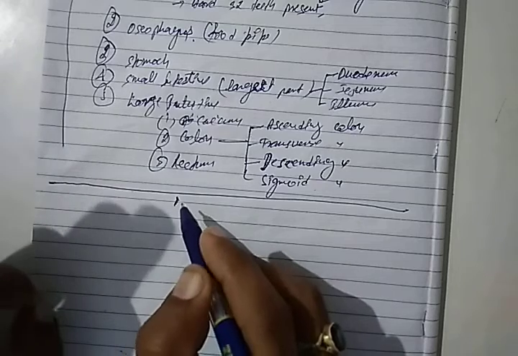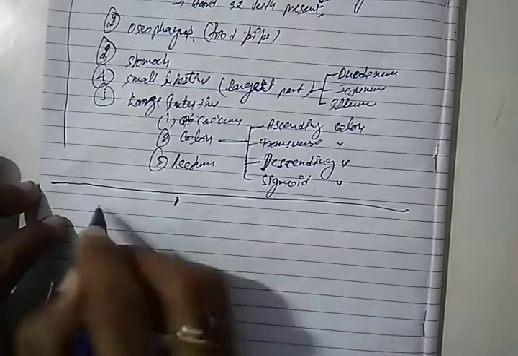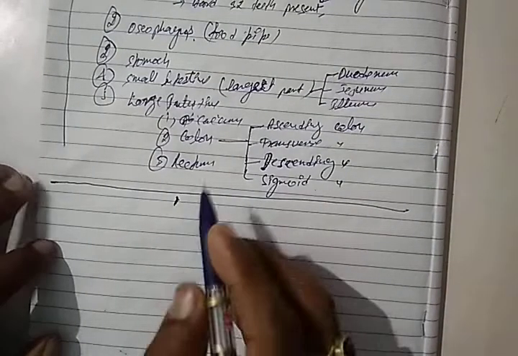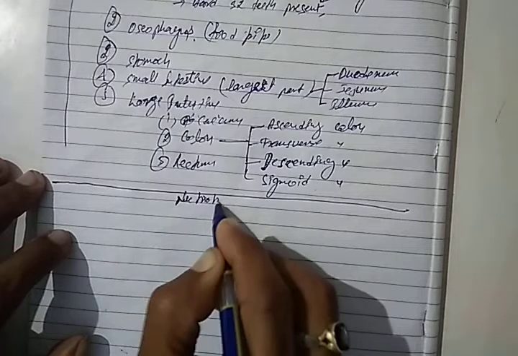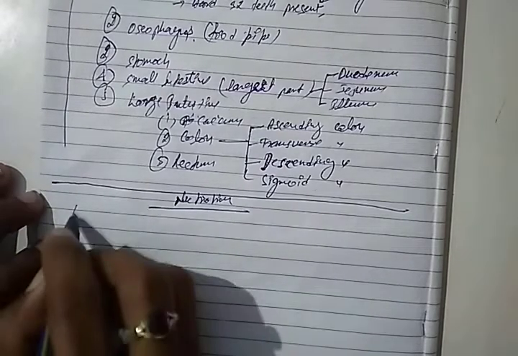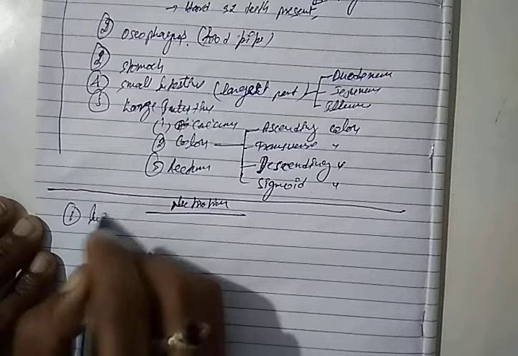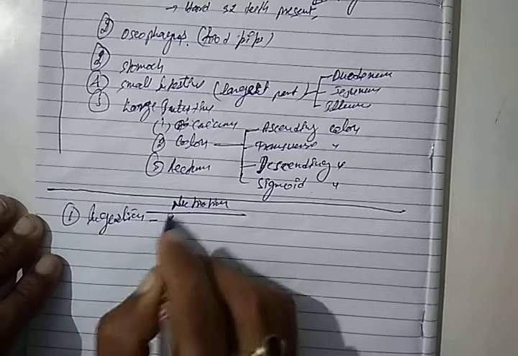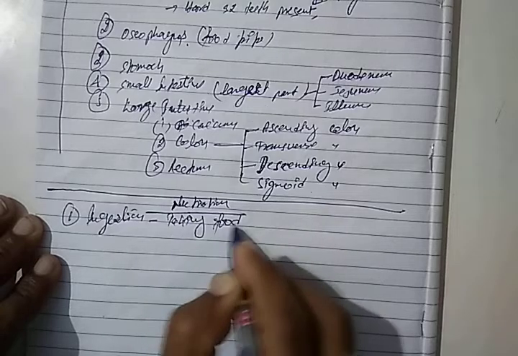Nutrition in animals is completed in 5 steps. First step is ingestion. Ingestion is basically taking food.